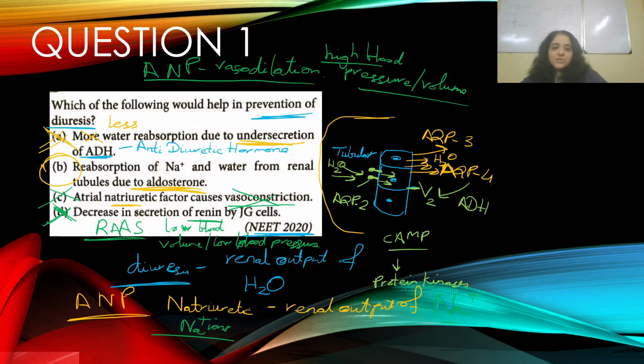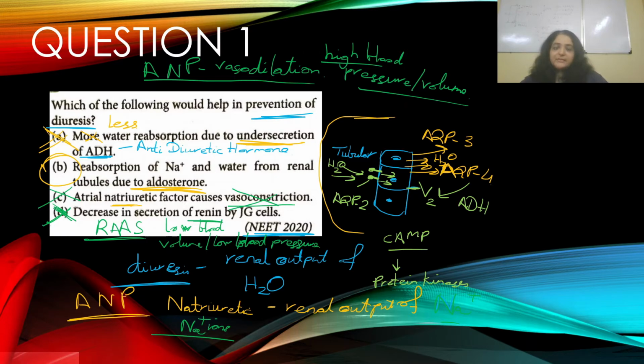Now our question is, which of the following would help in prevention of diuresis? A decrease in secretion will not help us. We need an increase in secretion of renin, right? When there's an increase in secretion of renin, that will help in the prevention of diuresis. There are many functions of angiotensin 2. First of all, it acts on the adrenal cortex to release aldosterone.